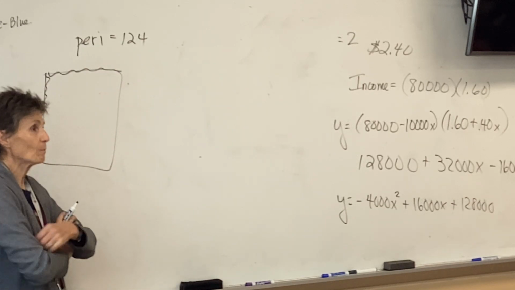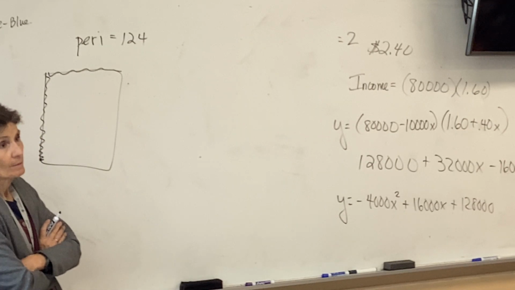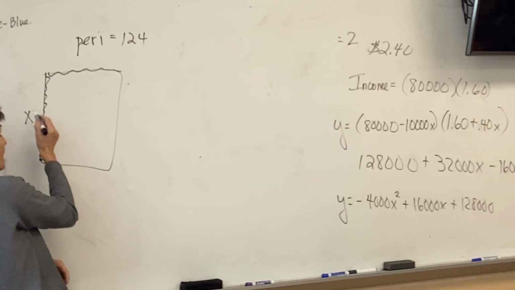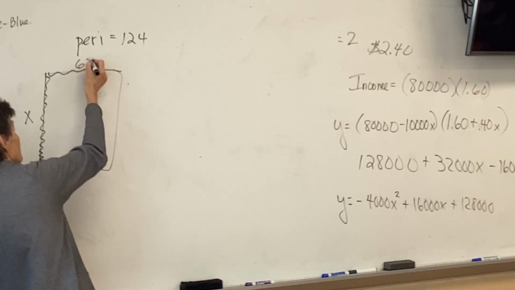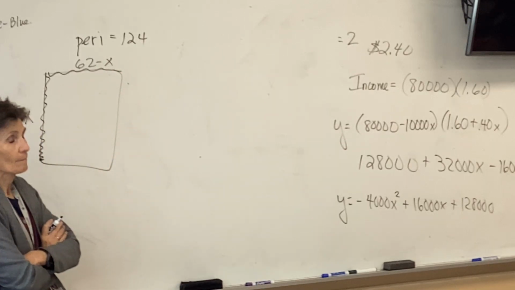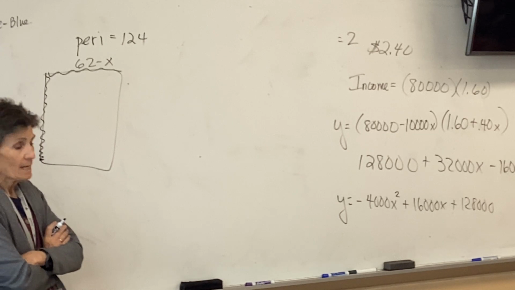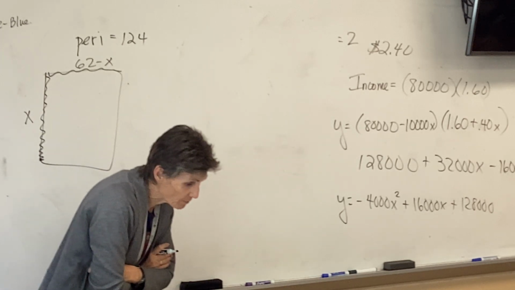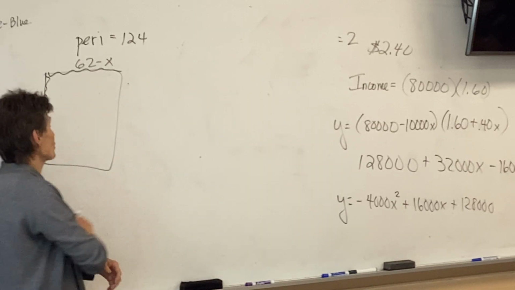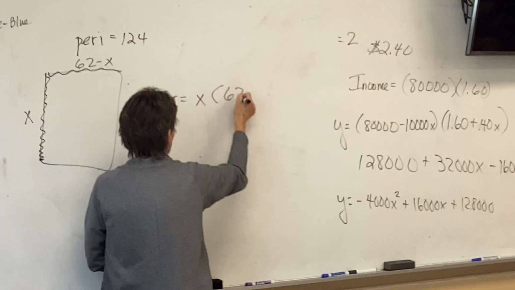If all the way around is 124, half of that is 62. So if this is x, this would be 62 minus x. Does that make sense to you? And I want to know the area, largest picture area. So my area is x times 62 minus x.